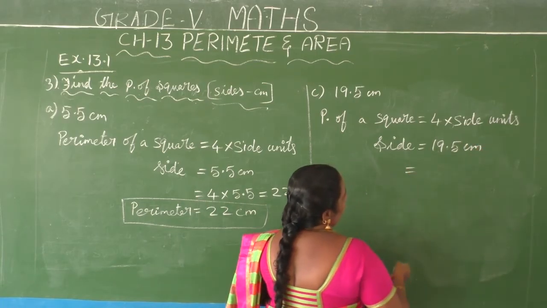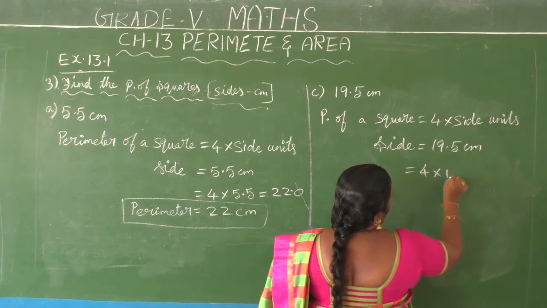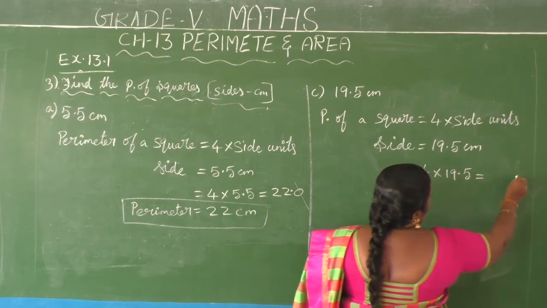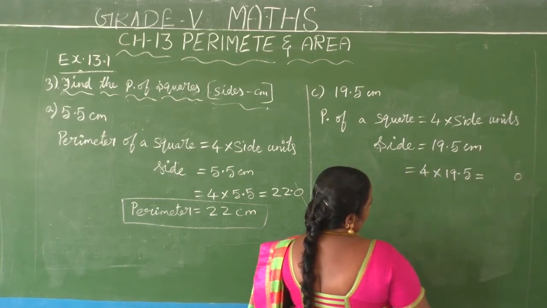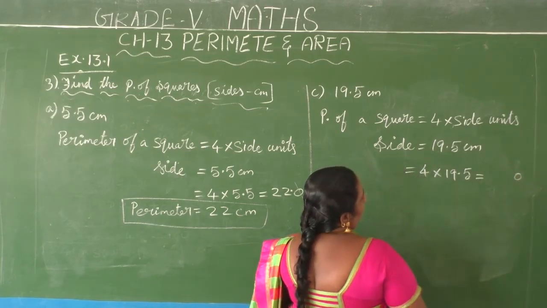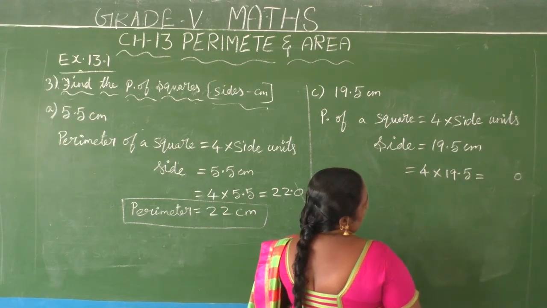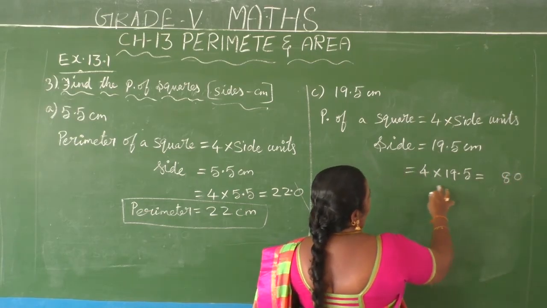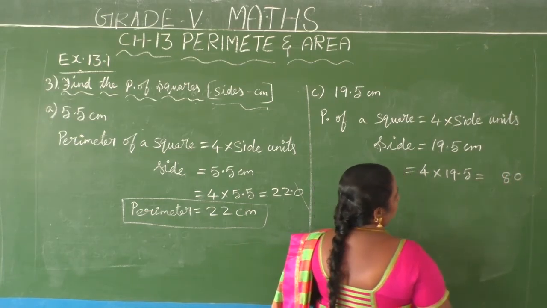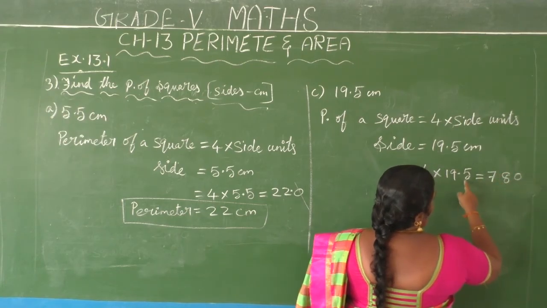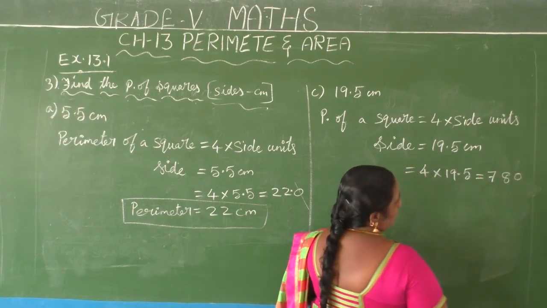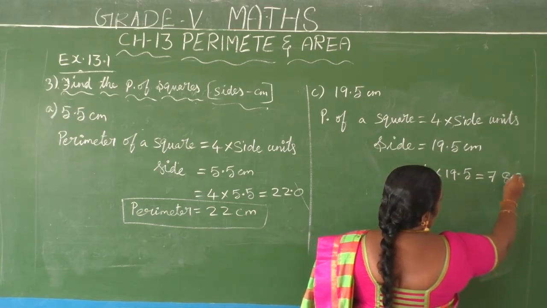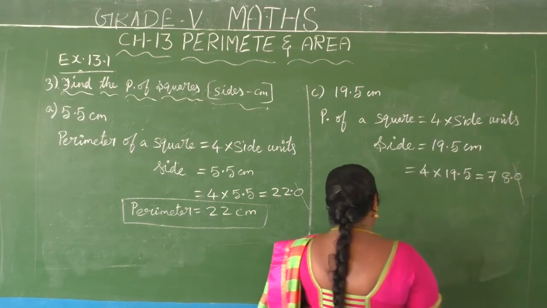Now we apply this side in our formula: 4 into 19.5. So what will come? 4 5s are 20, 0, remaining 2. 4 9s are 36, 36 plus 2, 38, so 8, remaining 3. 1 4 is 4, 4 plus 3, 7. Here also they gave the measurement in decimal, so after one digit you have to keep the decimal point. That means 78 only, so no value for that 0.